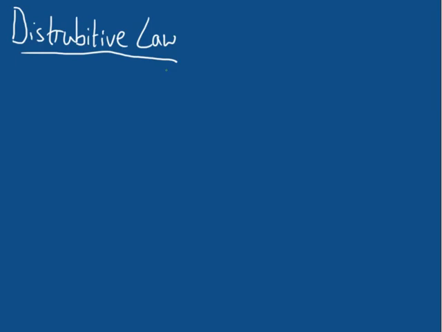Now, the distributive law basically boils down to this. If you have a series of numbers added together and you multiply that result, it is the same as multiplying each number individually and adding together all of those smaller results. So we can see this with an example. If I had 10 multiplied by 1 plus 2 plus 3, so again we're adding a series of numbers together, we're taking the result of that and we're multiplying it by a number.